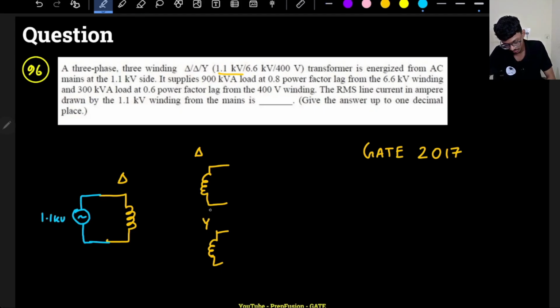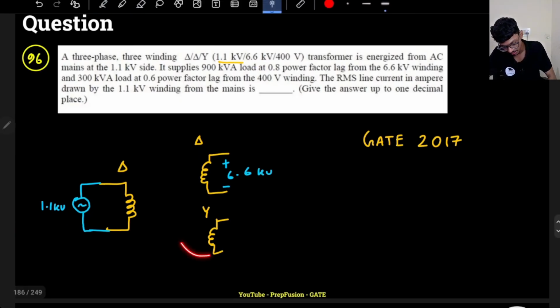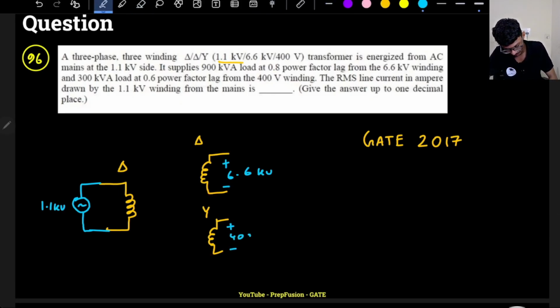In the delta side secondary, it will be 6.6 kilovolt. What about the star side? In the star side I have 400 volts.